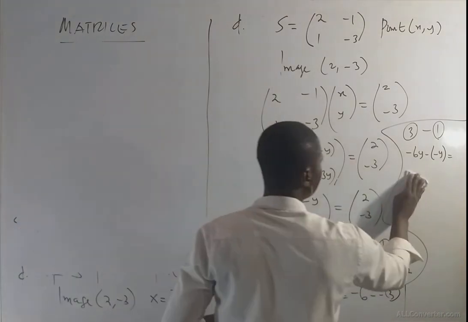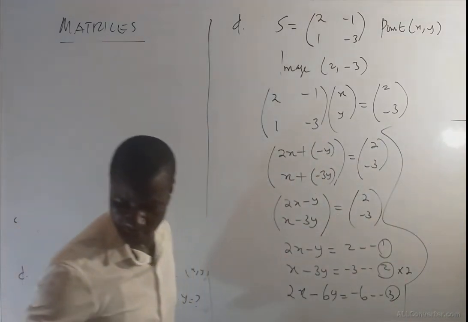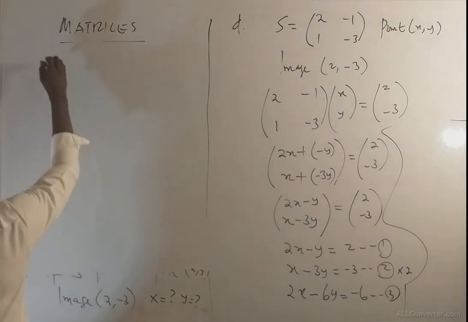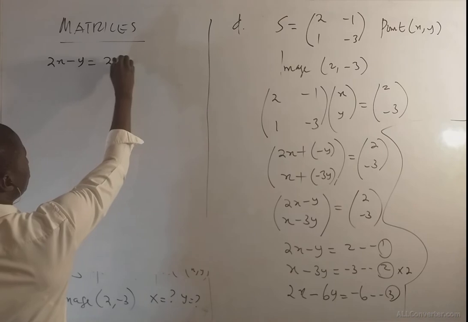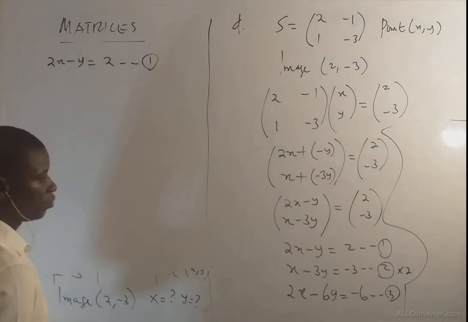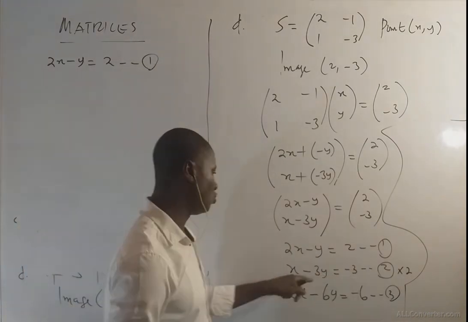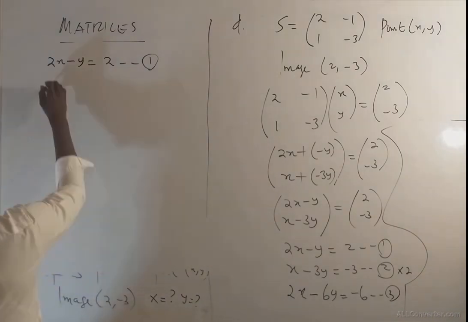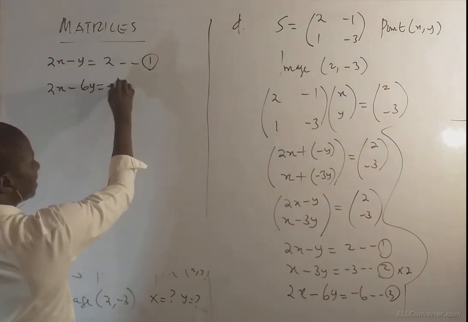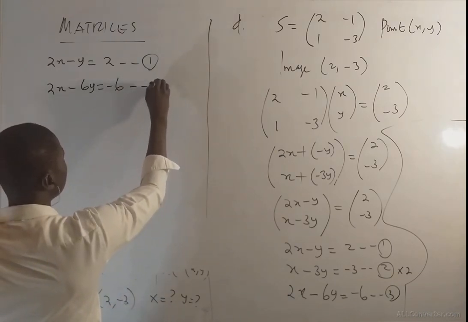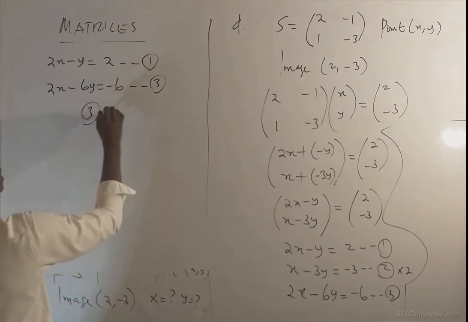Okay, so now we have equation 1: 2x minus y equals 2. We multiplied equation 2 by 2 and we have equation 3: 2x minus 6y equals minus 6. So we are saying that equation 3 minus equation 1.